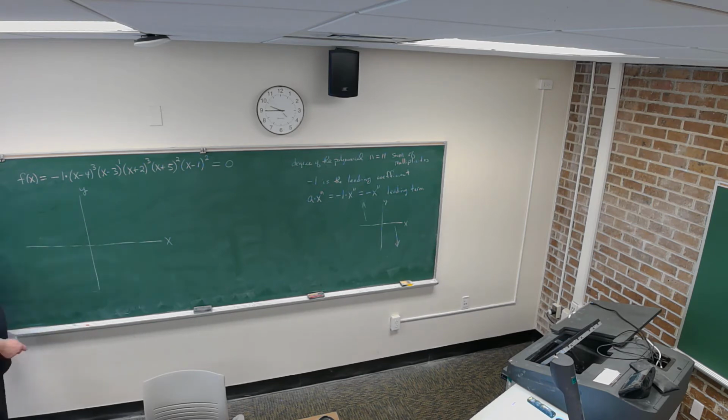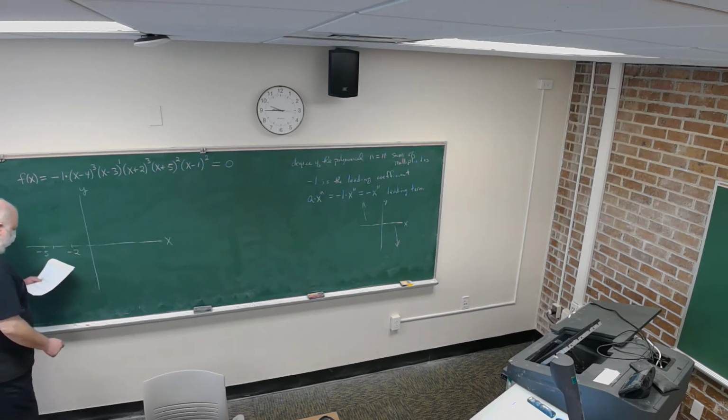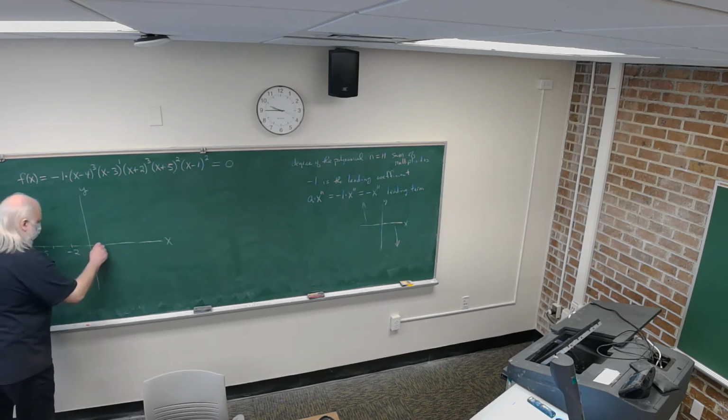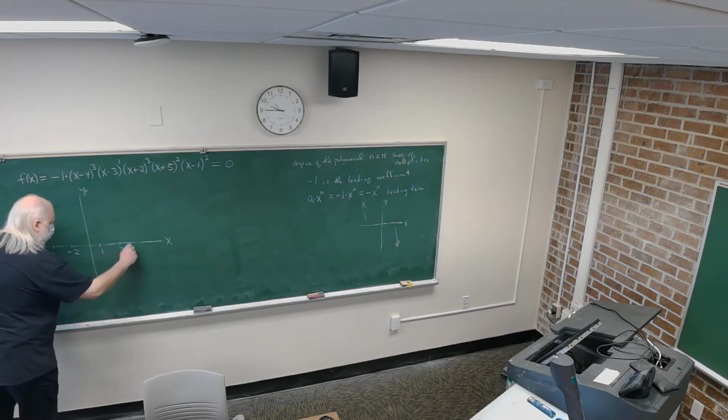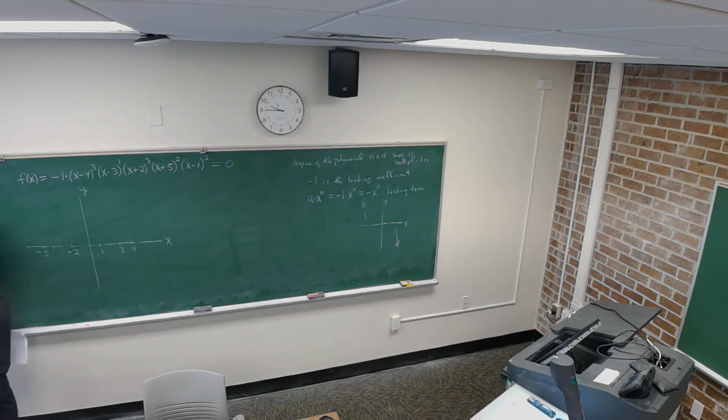We're not looking for perfection, but if this was an exam question, we'd have to get the x-intercepts right, and the end behavior right. So we have minus 2, minus 5, and then we have 1, 3, and 4. So here's 1, here's 3, and here's 4. All right, the best I can do.